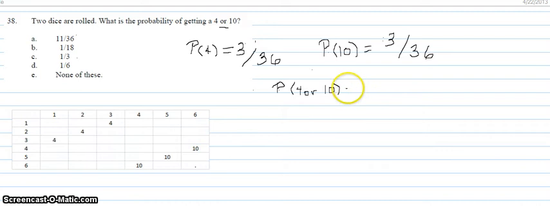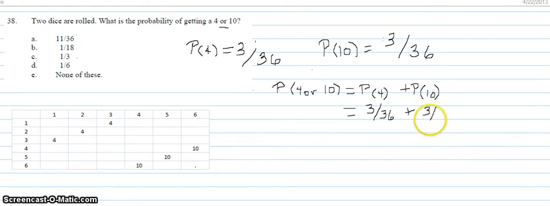So that would equal the probability of 4 plus the probability of 10. Well, we've already determined that our probability of getting a 4 would be 3 out of 36 plus the probability of getting a 10 is also 3 out of 36.